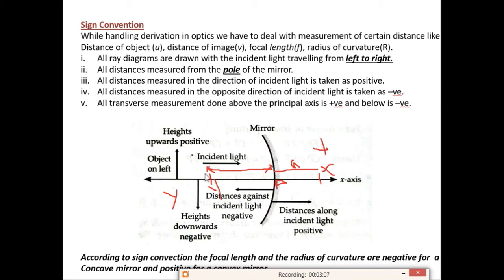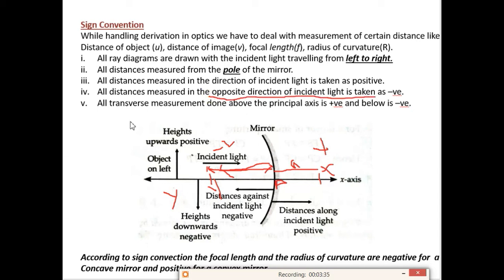So when we go from P in the direction of Y, that means the distance is against the incident light, which means it is negative. This is the fourth rule: all distances measured in the direction opposite to the incident light are taken as negative.